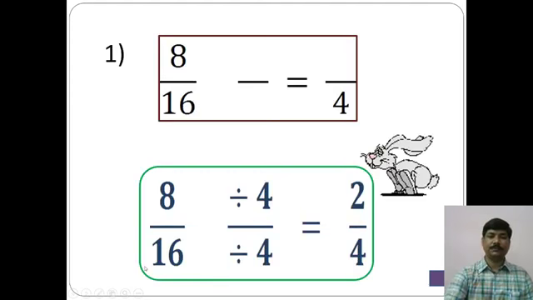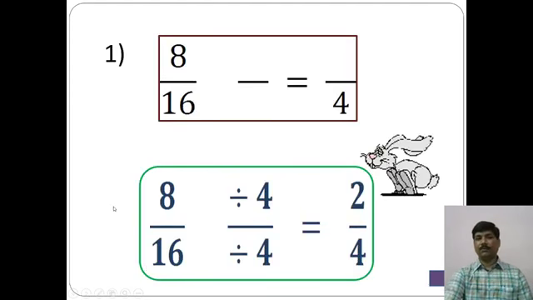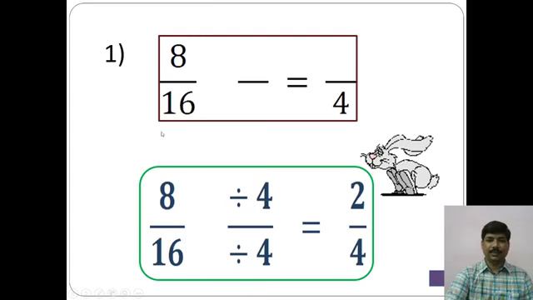In the next, you have to do this exercise by dividing. There are some examples for dividing, as in this question. This is the fraction 8 upon 16, equal to a fraction in which the numerator is not given but the denominator is 4.